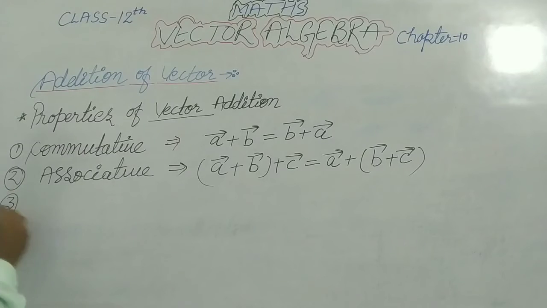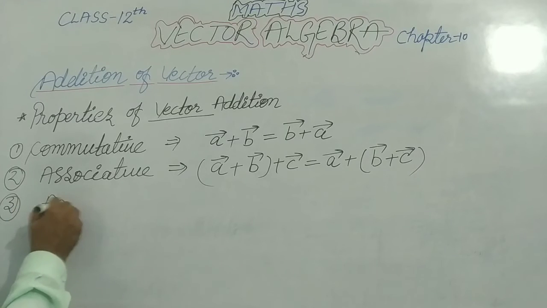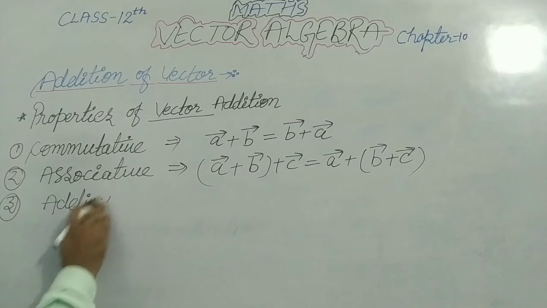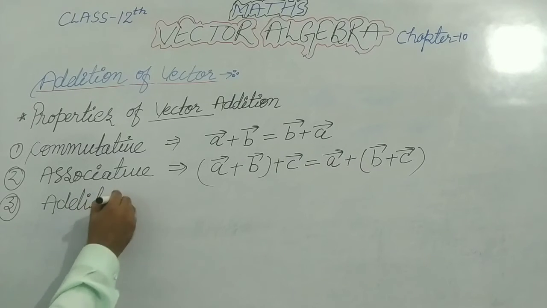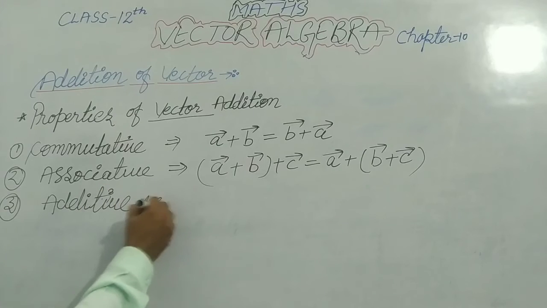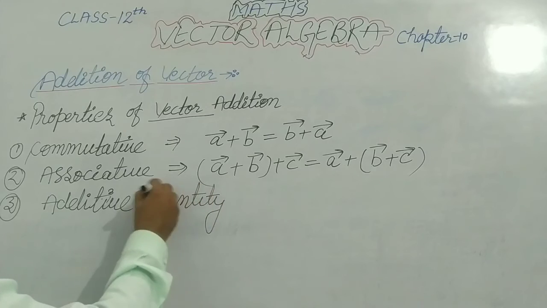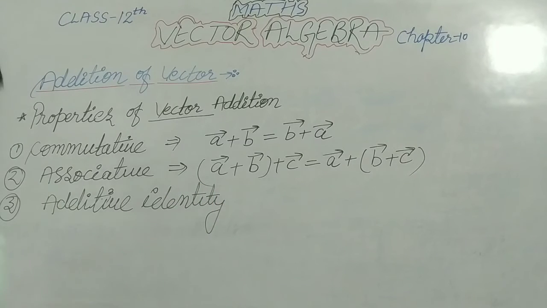Third we have additive identity. In additive identity, we have an identity which gives the same element, isn't it?